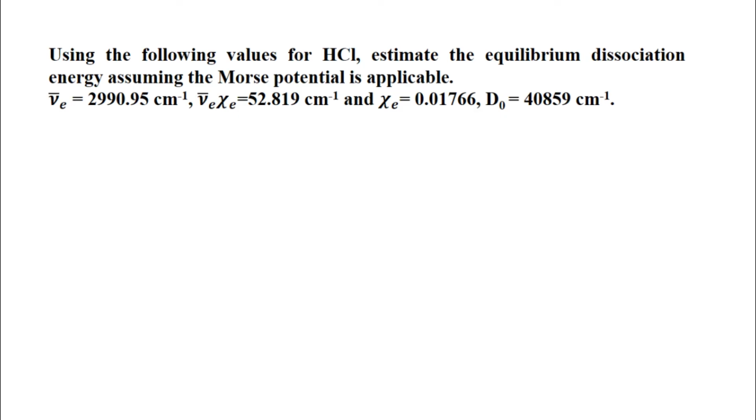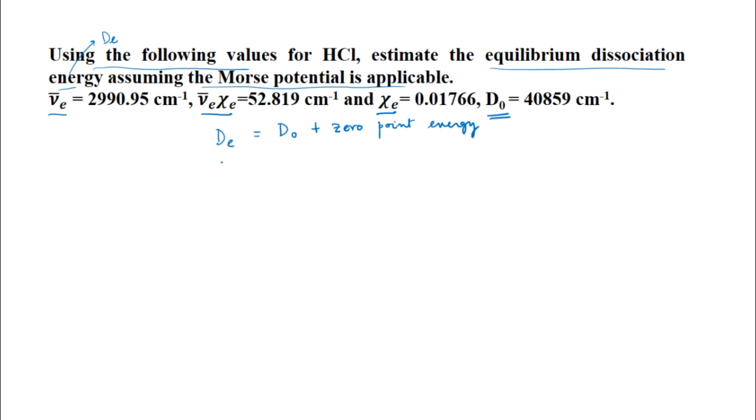So, there are a few values given, that is nu bar E chi e and chi e, and the spectroscopic dissociation energy, that is D 0. So, using these following values of HCl, you have to estimate the equilibrium dissociation energy, that means this is D E, assuming the Morse potential is applicable. So, we know D E is given by D 0 plus zero point energy.